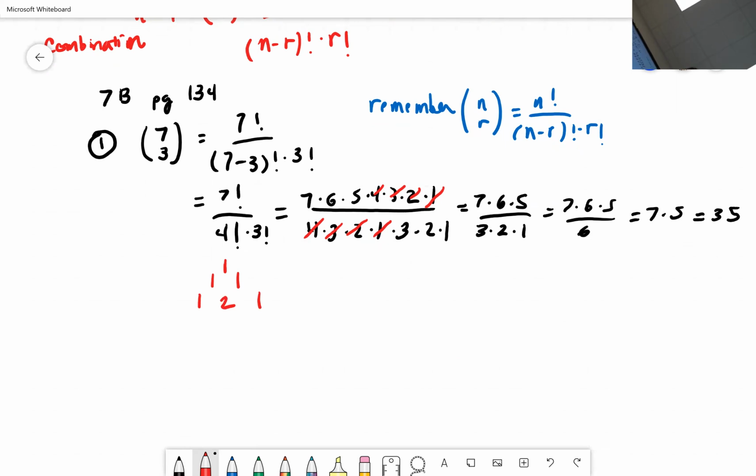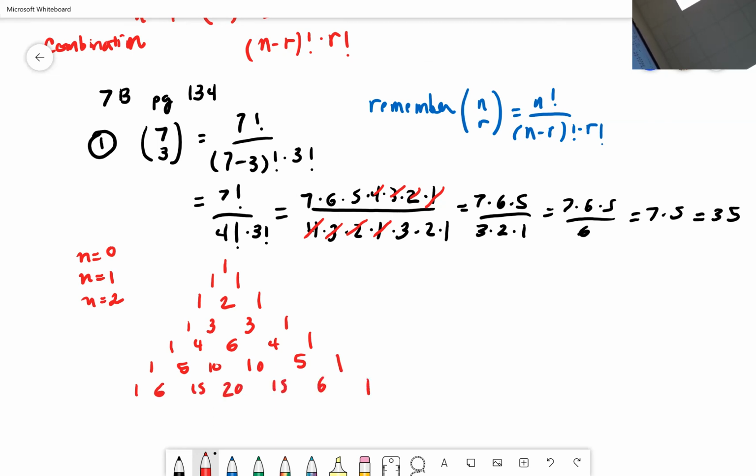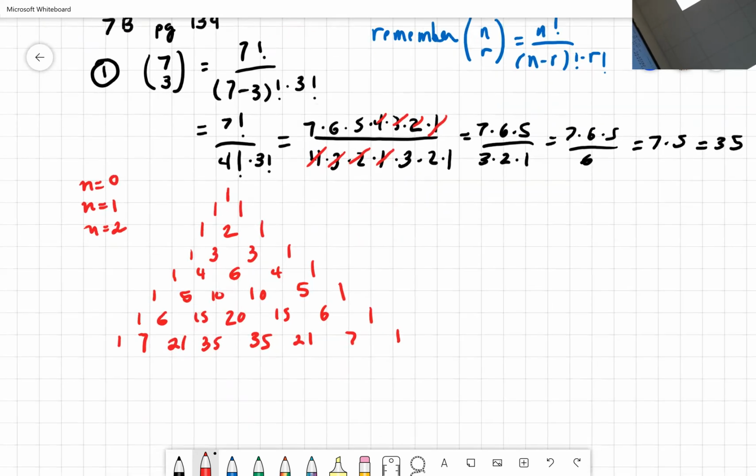So this is n equals 2, this is n equals 1, this is n equals 0. Then 1, 3, 3, 1; 1, 4, 6, 4, 1; 1, 5, 10, 10, 5, 1; 1, 6, 15, 20, 15, 6, 1; 1, 7, 21, 35, 35, 21, 7, 1.